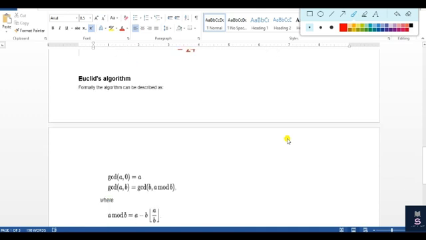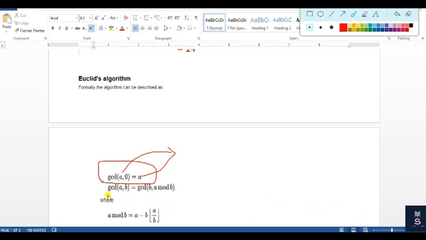Formally the algorithm is described as follows. If GCD is a function, and the first argument is a and the second argument is 0, then the GCD is a. That means if one of the numbers is 0, the GCD is the other number, a.